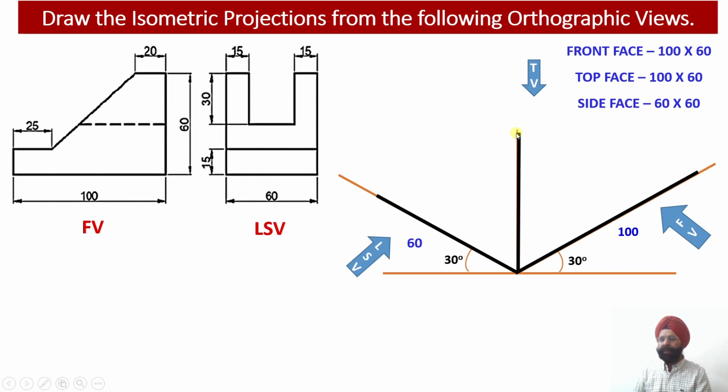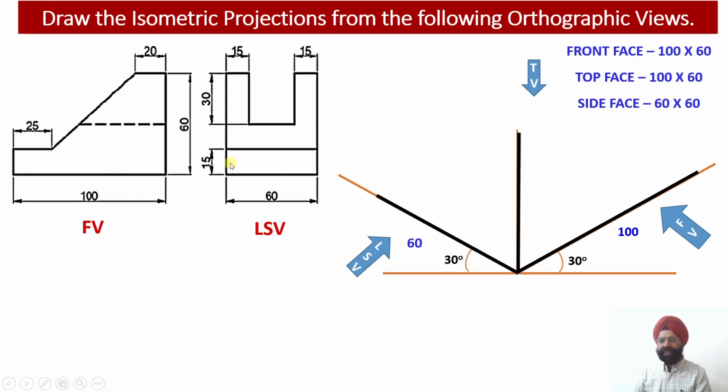Once again, if we draw two isometric lines over here parallel to the z-axis and the y-axis, this edge will be drawn parallel to the z-axis and this edge parallel to the y-axis. So we get the completion of the front face of this particular solid.